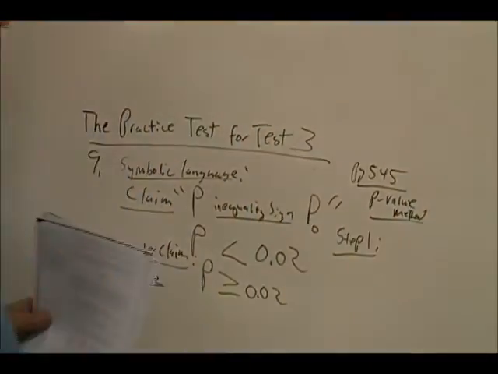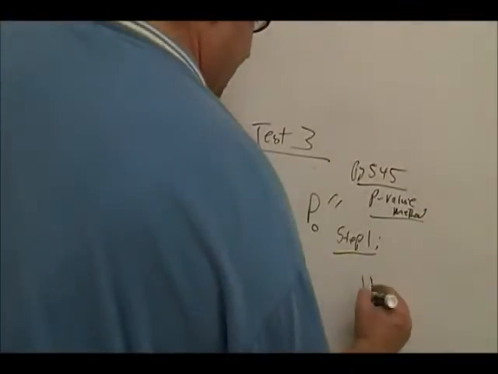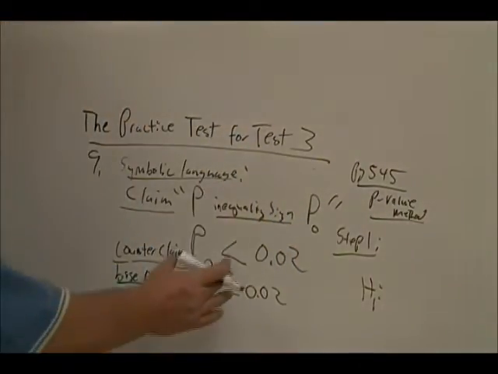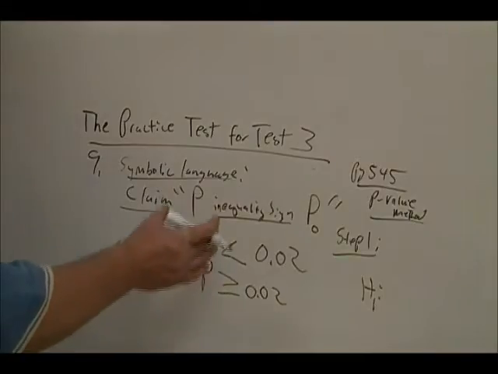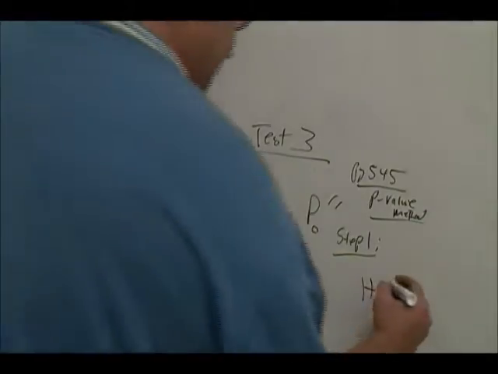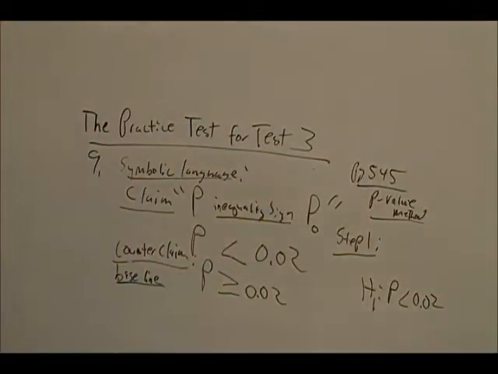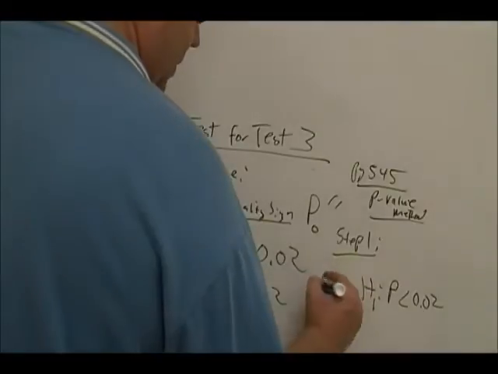The first thing you do is you write the one that doesn't have the equal sign, and that's going to be the claim. That becomes the alternative hypothesis, and we write it as H1. So H1 is the claim written in symbolic language. So here our H1, our alternative hypothesis, is P is less than 0.02. And that came from the claim.